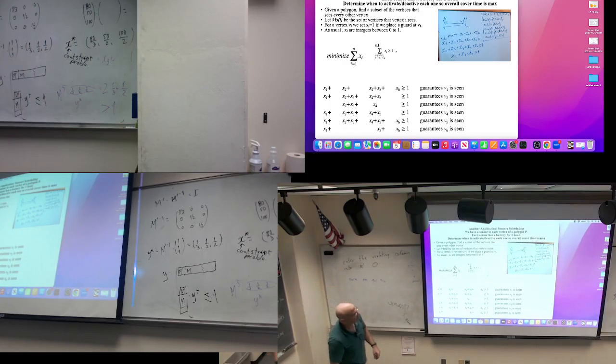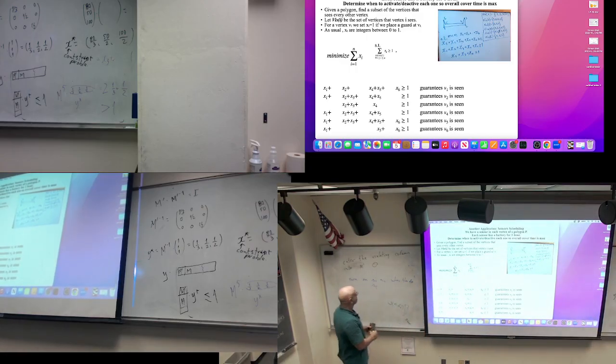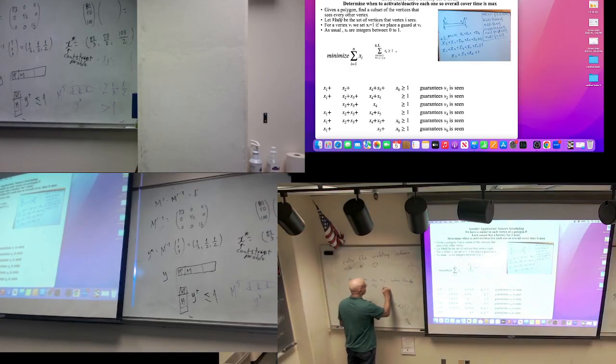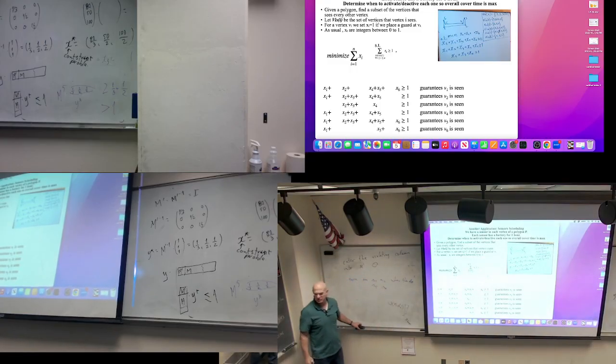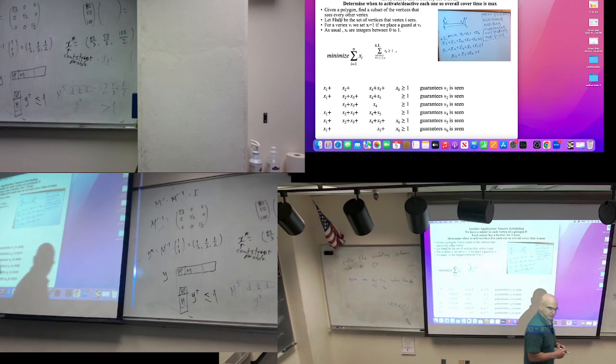Then maybe turn on 5 and 6 when they use up the battery. Then turn on sensor 5 and 4 because they can also see the whole thing, and so on. And I'll keep doing it for as long as possible.